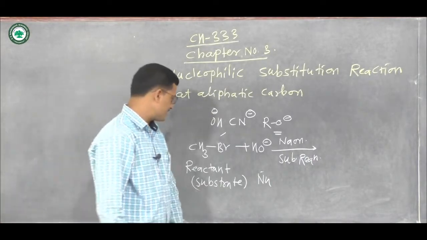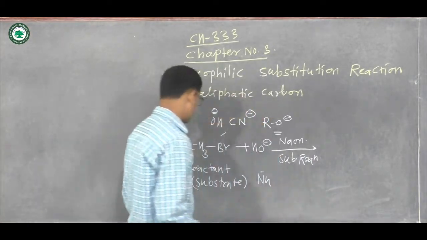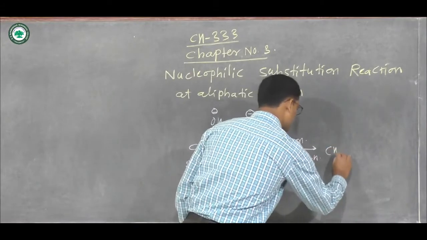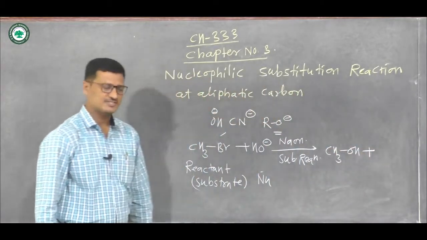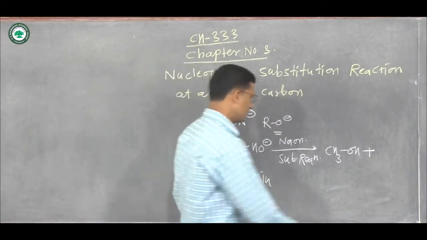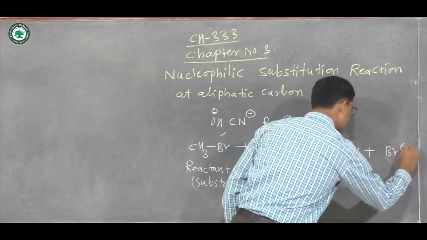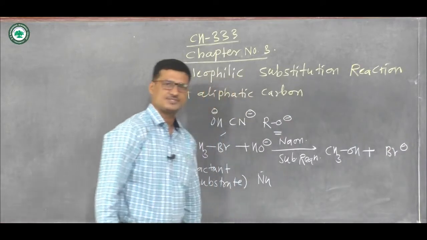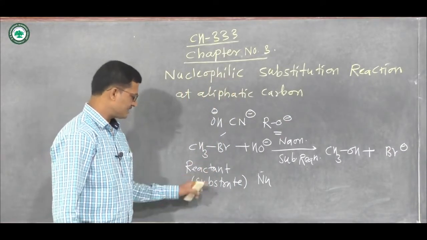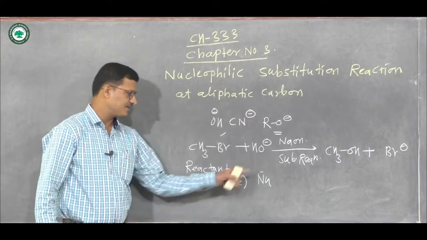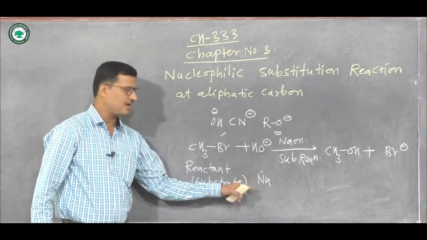When we write the product, after completion of the reaction there is formation of methanol, CH3OH, and Br minus leaves out, or departs from the substrate. So this is the reactant, or sometimes we call it the substrate. OH minus is nothing but a nucleophile.